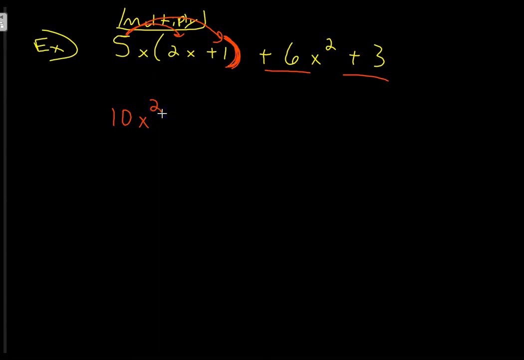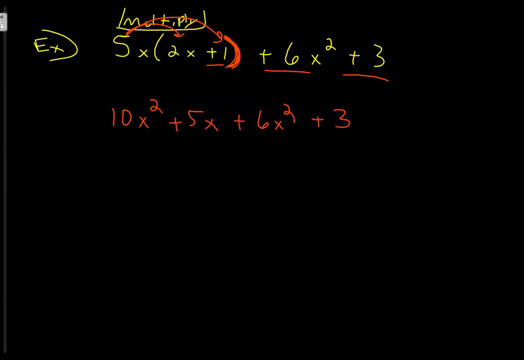And then 5x times the 1 becomes 5x. And then these are not being multiplied and nothing special is happening. They're just being added together. And they're unlike terms, so you can't really add them. So you can only call them 6x to the second plus 3.